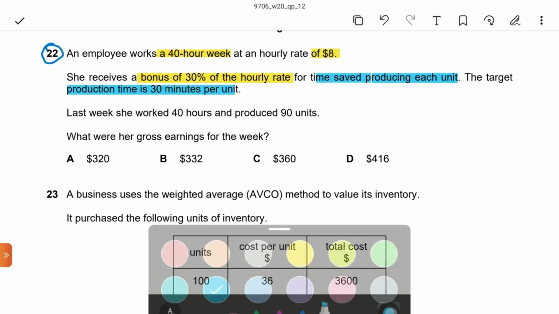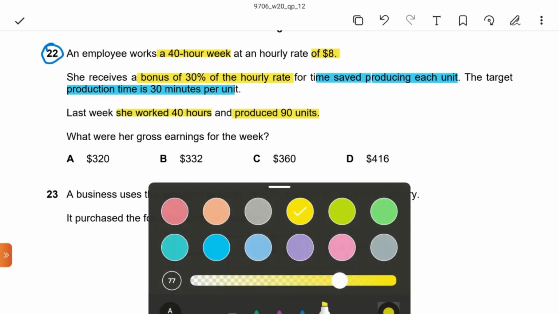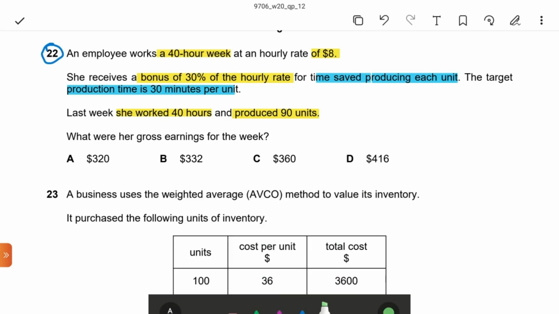Last week, she worked 40 hours and produced 90 units. What were her gross earnings? The question is to calculate gross earnings for the week. So let's do the problem. The first one, how many hours and how many units did she produce?